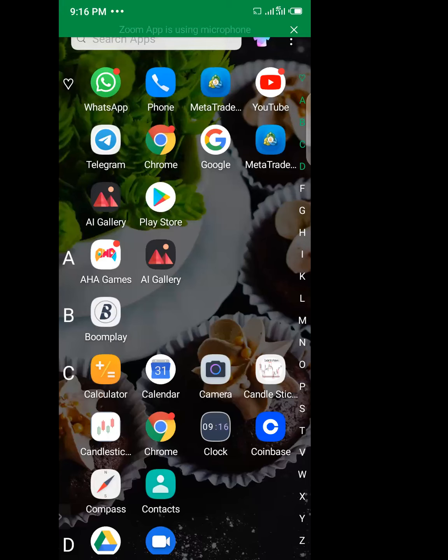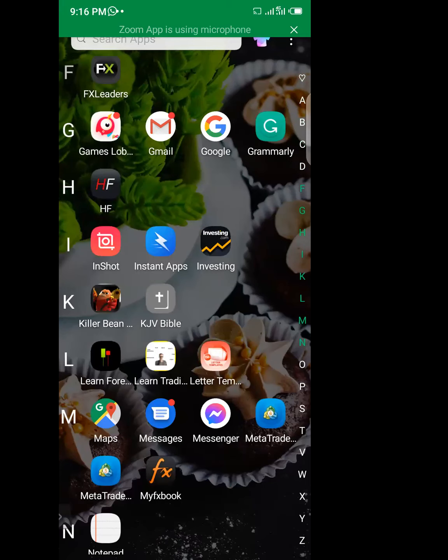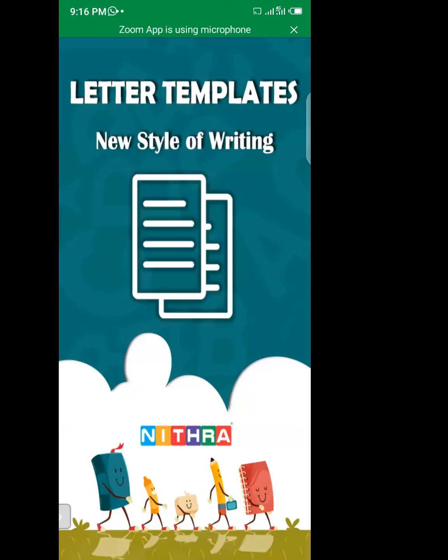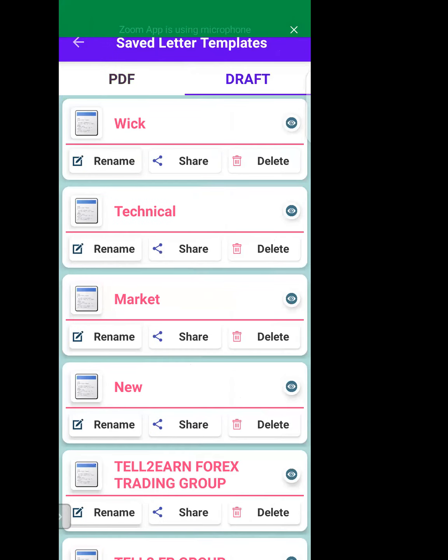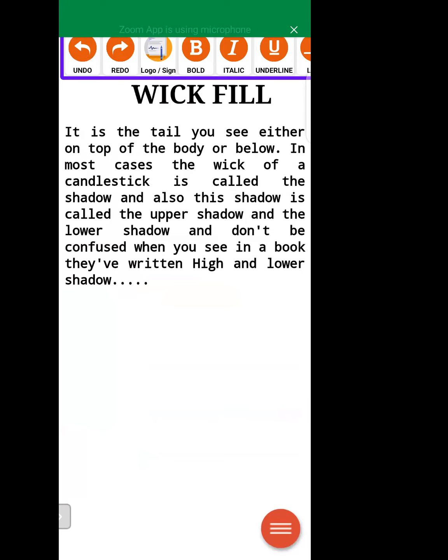First, I've just dropped the definition of what we call the wick fill and how it is. Anything much, as I've said. So please, I just want to give out the definition of my wick fill strategy.